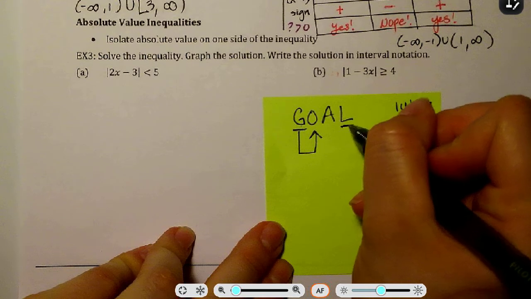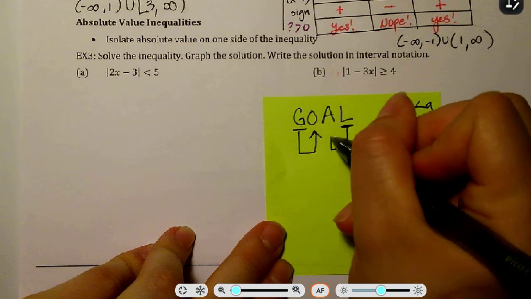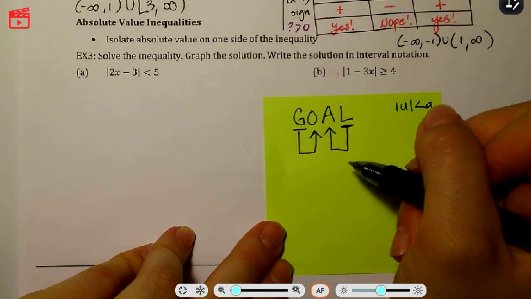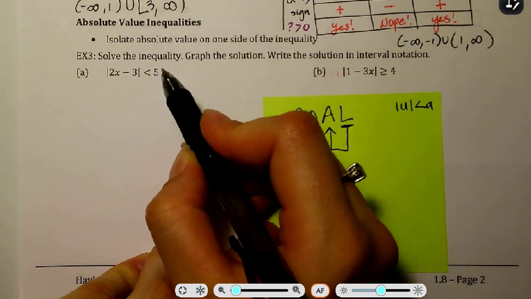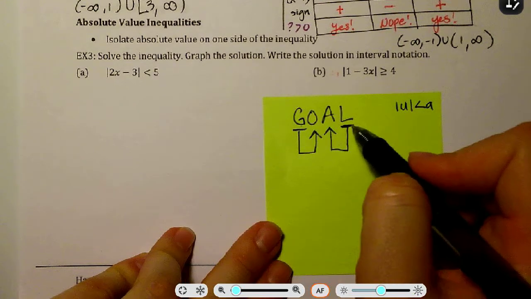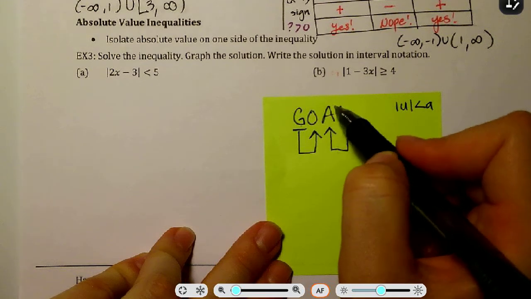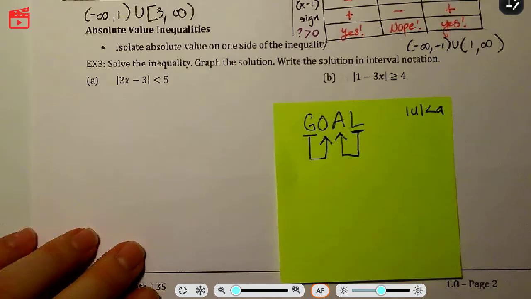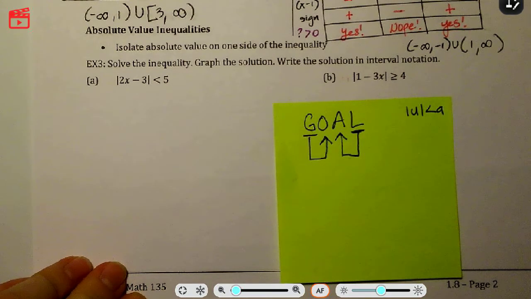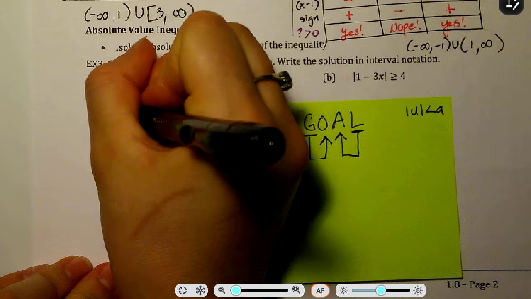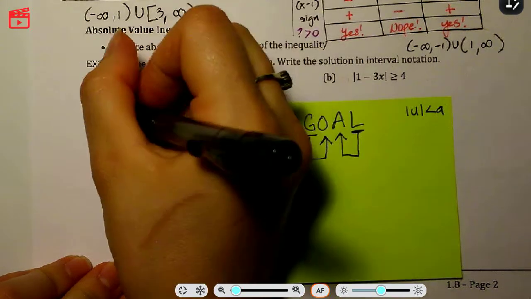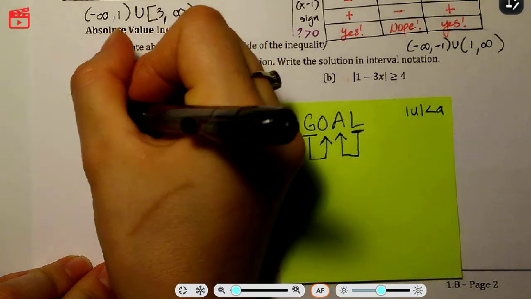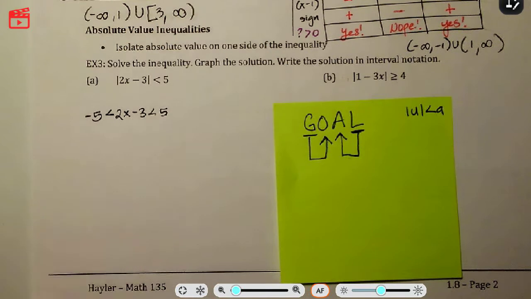If our absolute value is a less than statement, we're going to split it into an AND statement. For this one, our absolute value is less than 5, L for less than, so we split it into an AND statement. So we have 2x minus 3 is less than 5 and greater than -5. That is an AND statement when it's squished together.